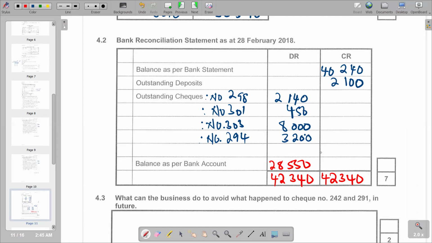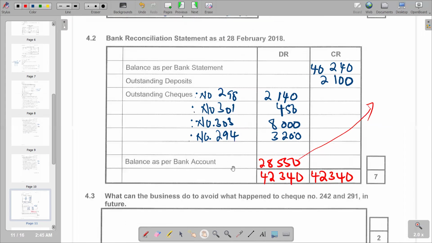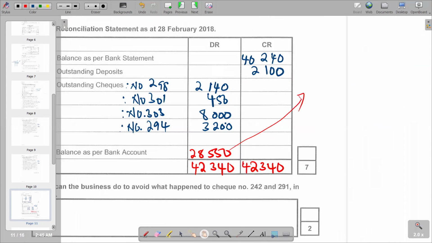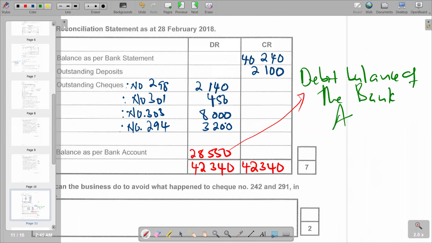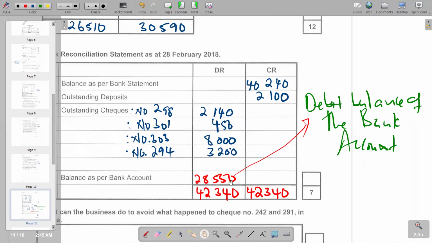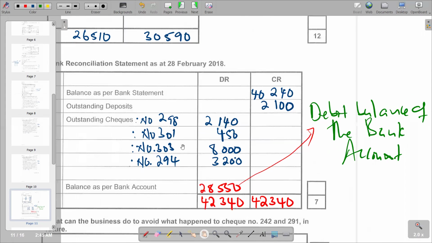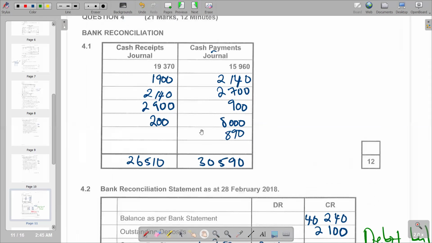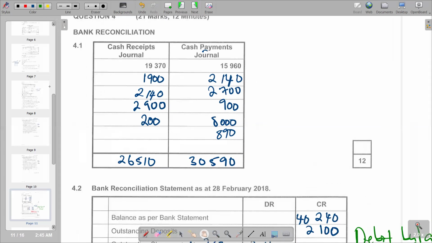So the balance that we have here, describing it from the point of view of the bank account, is going to be a debit balance of the bank account. To verify if you've done it the correct way, if 28,550 is the correct final balance, you calculate the balance of the bank account by coming here.